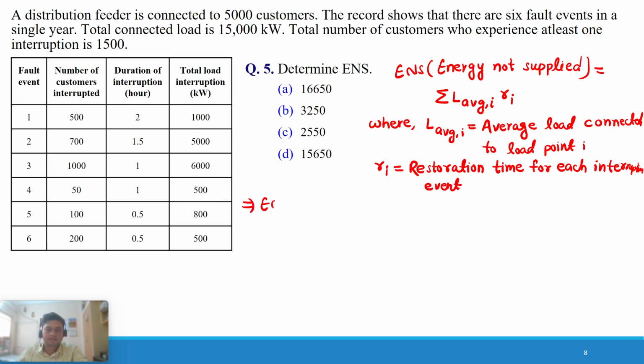Therefore, we can say ENS is the summation of L average I Ri.